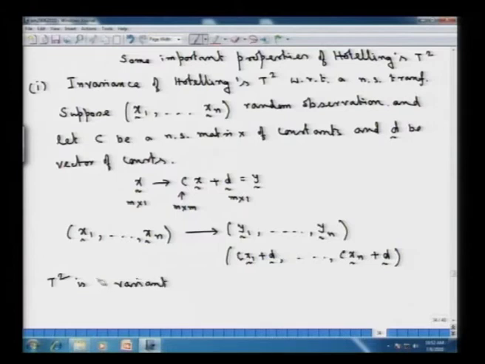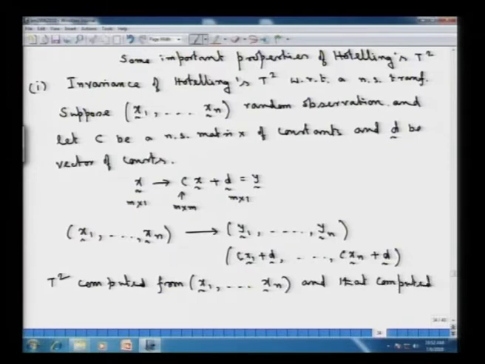So the T-square computed from x1, x2, xn and that computed from y1, y2, yn, that is Cx1 plus D, Cx2 plus D, Cxn plus D, will be the same. How do we claim this?